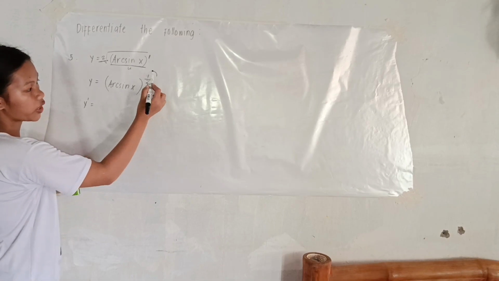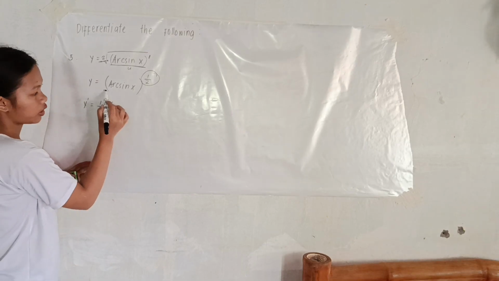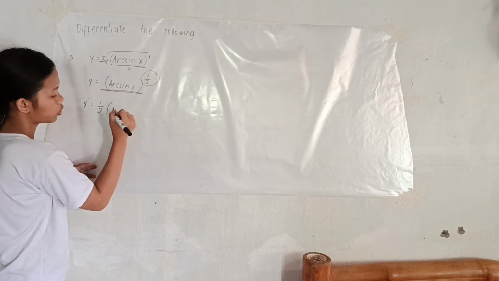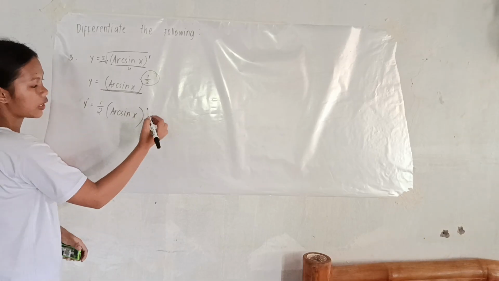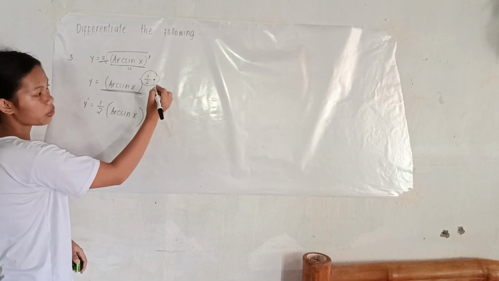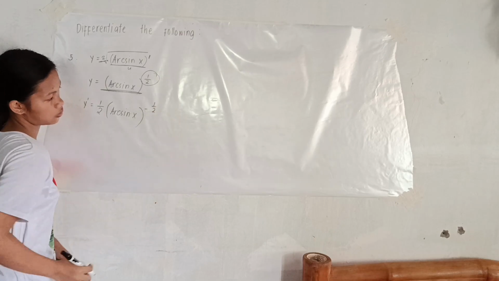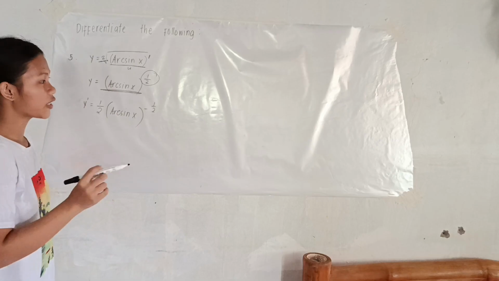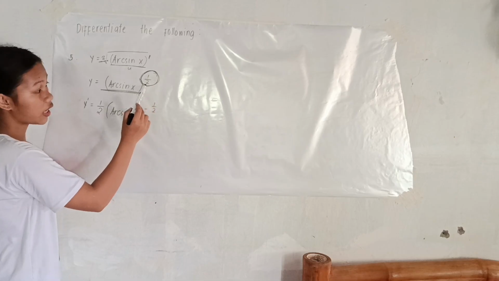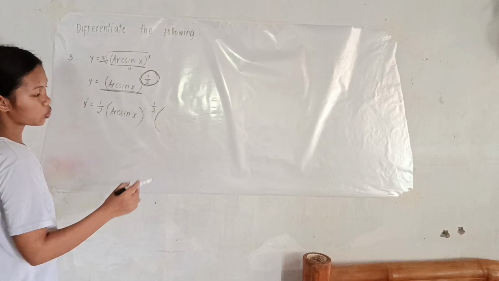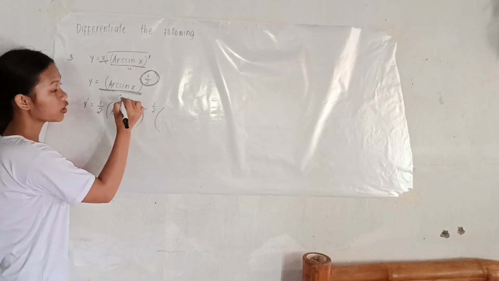Copy 1/2 times u, which is arcsine x, then subtract 1 from the exponent, so 1/2 minus 1 will be negative 1/2. So we have only derived the outside exponent. Next is the derivative of the inside function, u.